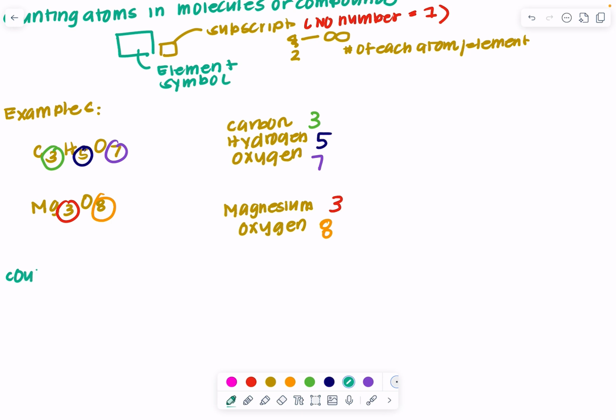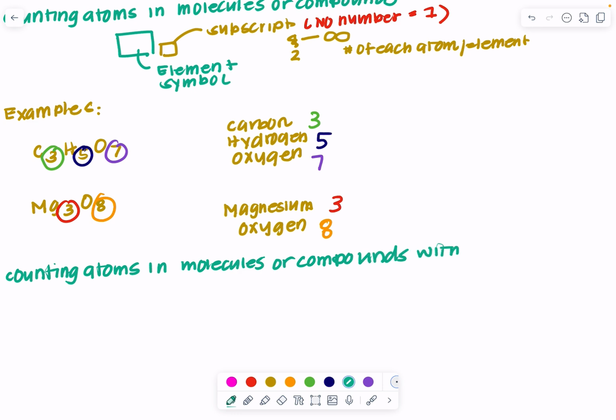Let's do counting atoms in molecules or compounds with a parentheses. We don't want to forget that some molecules have parentheses inside them. If something's in a parentheses, this is usually a polyatomic ion.